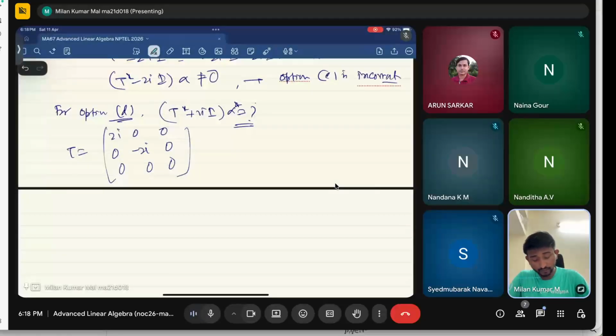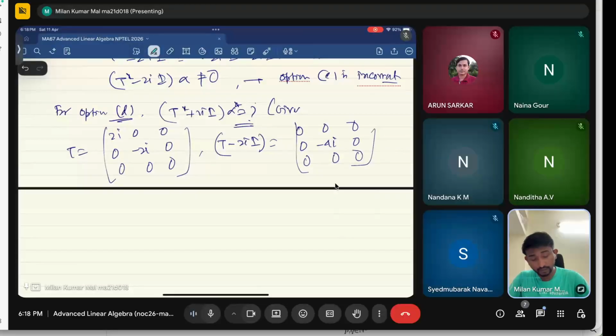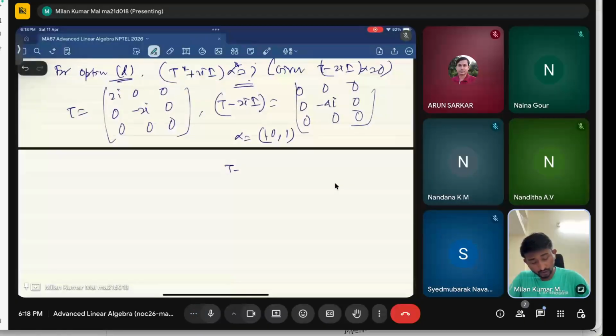Then T minus 2i times identity will be 0 in the first entry, minus 4i in the second, and 0 in the third. Given that T minus 2i times identity applied to alpha equals 0, let's take alpha as a column vector 1 0 1, then it will be 0.